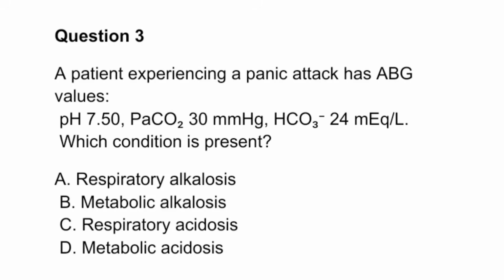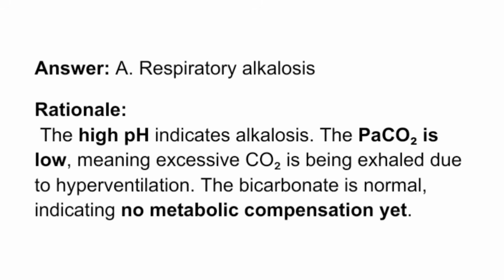C. Respiratory acidosis. D. Metabolic acidosis. Answer: A. Respiratory alkalosis. Rationale: the high pH indicates alkalosis. The PaCO2 is low, meaning excessive CO2 is being exhaled due to hyperventilation. The bicarbonate is normal, indicating no metabolic compensation yet.